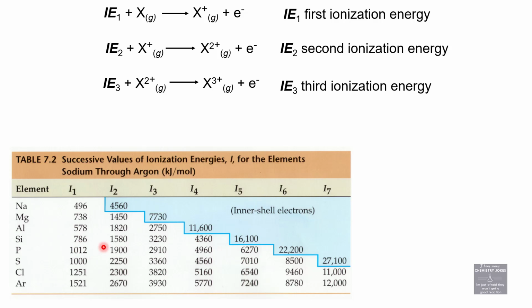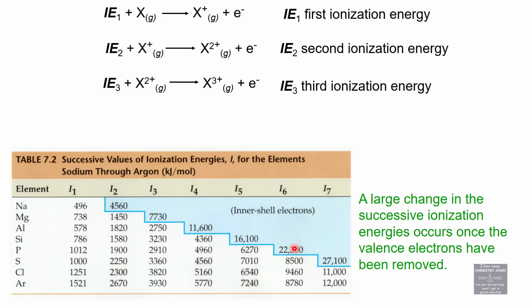So when something has 1, 2, 3, 4, 5 numbers that are relatively small, and then the sixth number is giant, that tells me that it has 5 valence electrons, because those 5 electrons were comparatively much easier to remove than this sixth electron was.